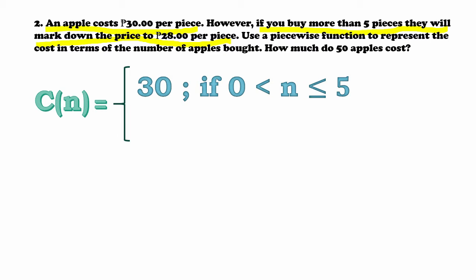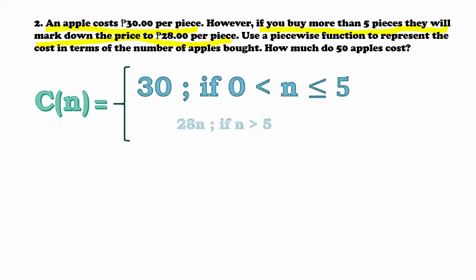So the cost of the apple is 30 pesos only if you buy 1 to 5 pieces. However, if you wanted to buy more than 5 pieces, the price will go down to 28 pesos per piece.